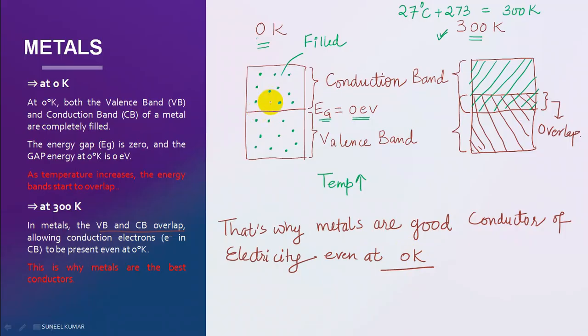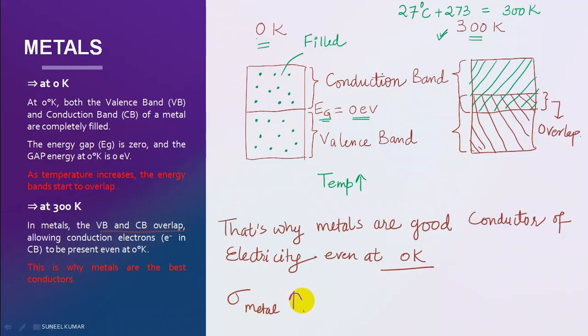We can see even at 0 Kelvin, this is a completely filled conduction band, and these are all free electrons. So obviously at 300 Kelvin, the conductivity will increase. The conductivity of metal will increase.